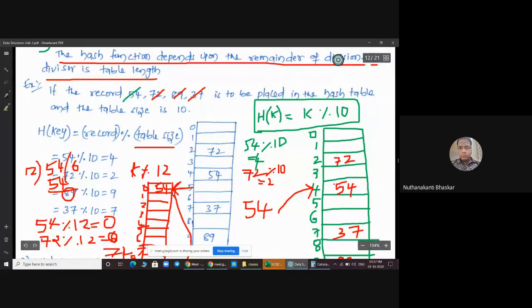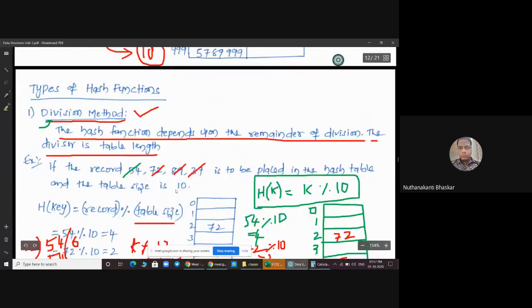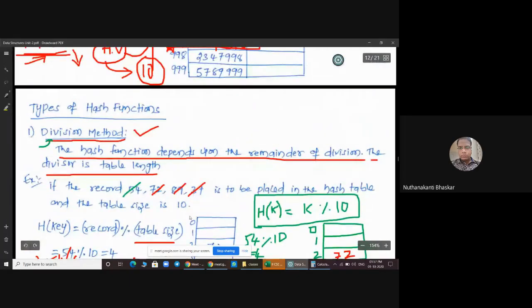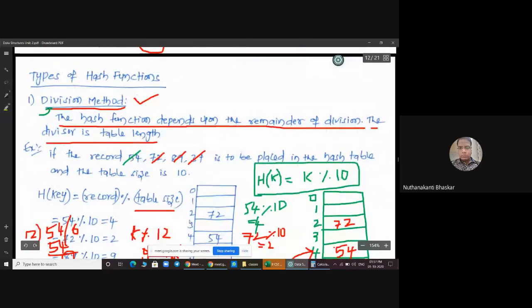It is called a collision. To overcome collisions, I will discuss some techniques after we understand the types of hash functions. We will go one by one through overcoming collisions. Clear?